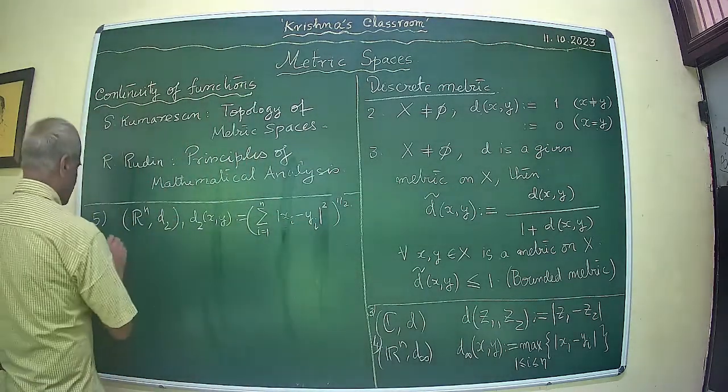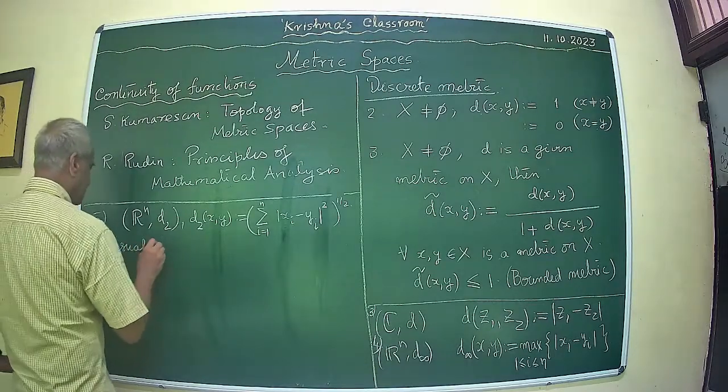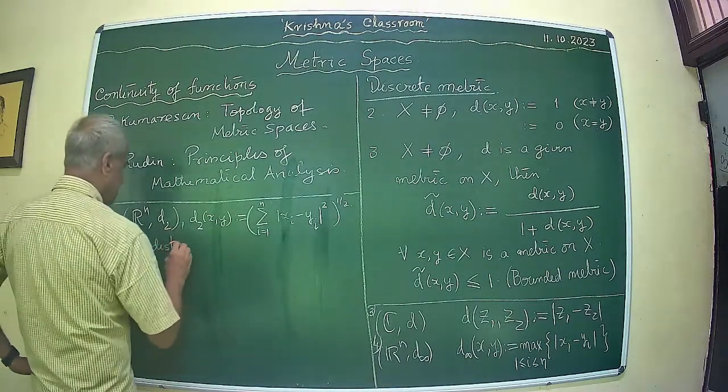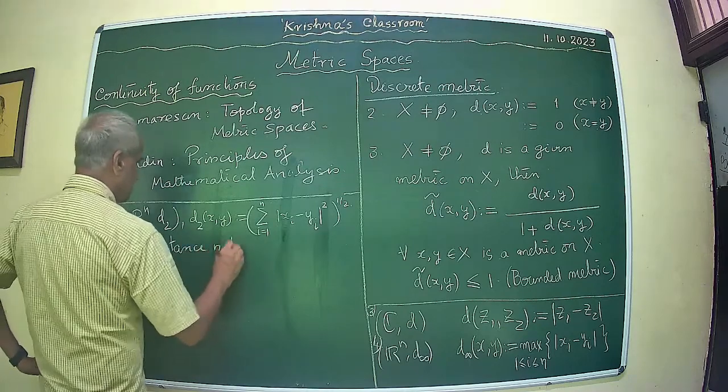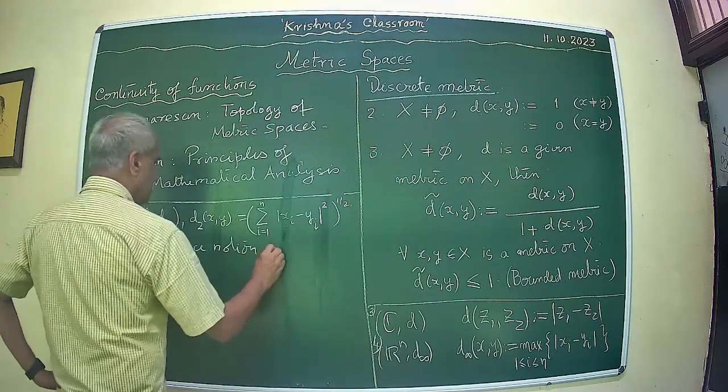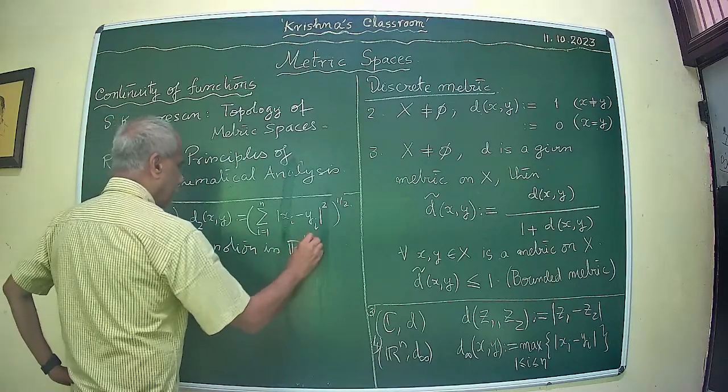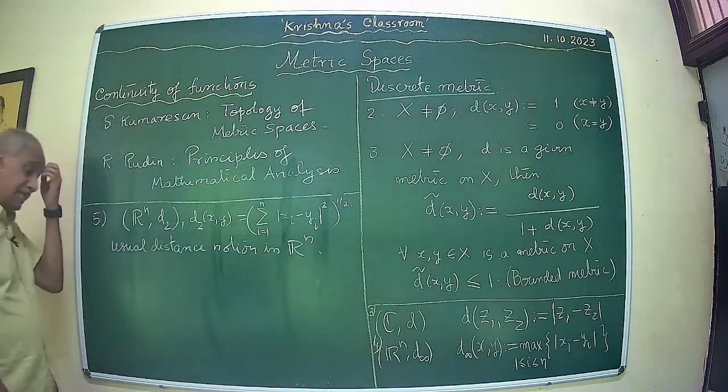This is the usual distance notion in R^n. That's what's called the Euclidean metric.